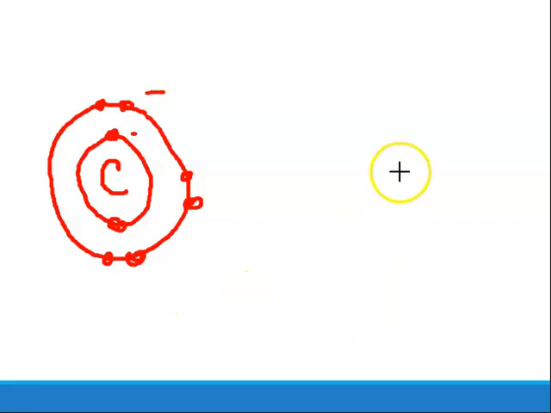Then we have helium. Helium has an atomic number of 2 protons, so that means there are 2 electrons. So let's draw helium here. Oh, my drawing seems to have disappeared. Let's go back. So back to carbon. All right, guys, I am not an artist.